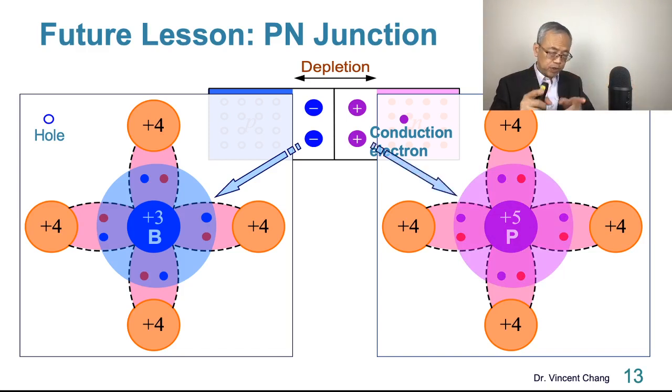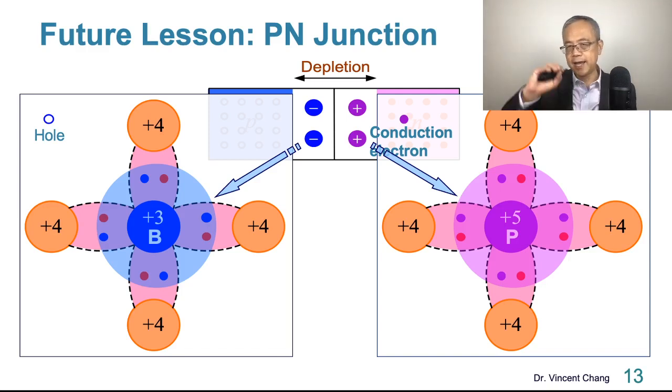So in the depletion region of a p-n junction, the left-hand side carries negative charge, which is called the negative acceptor ion. The right-hand side of the depletion layer carries positive charge, which is called the donor ion.